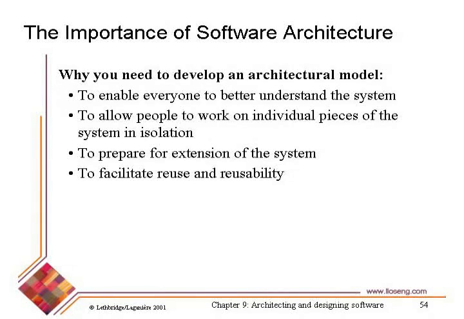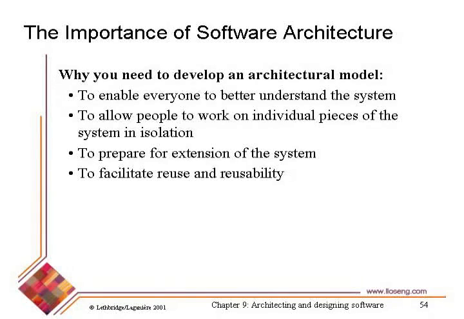And it will be a constant referral document for everybody. Not everybody will look at the details of each part of the system, but everybody will look at the architectural model. It will allow the project managers and the high-level people working in the system to divide the system up and allow people to specialize.